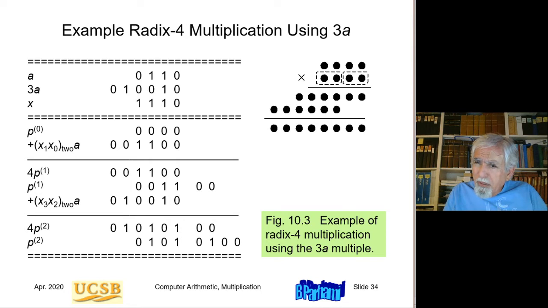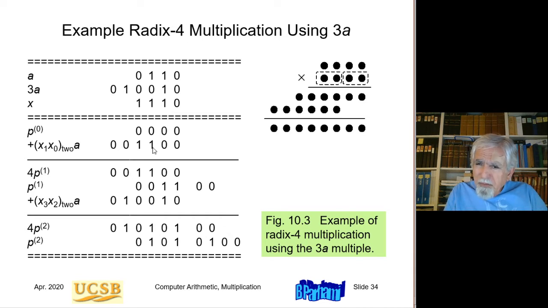Here is an example of a radix 4 multiplication. Here is a at the top. Here is x. And in the middle, you see the pre-computed 3 times a that is stored in a register. As usual, we initialize the partial product to 0. Then we have x1, x0, basically 2 times a.